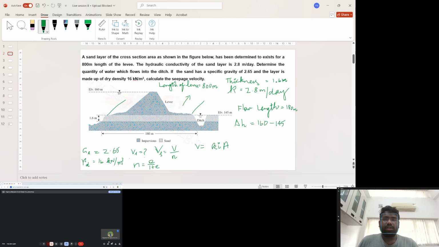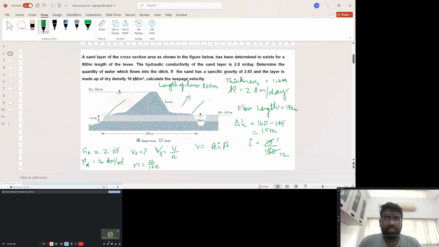So the total head loss is 15 meters, and with a flow length of 180 meters, i will be 15 by 180, which gives us 1 by 12.